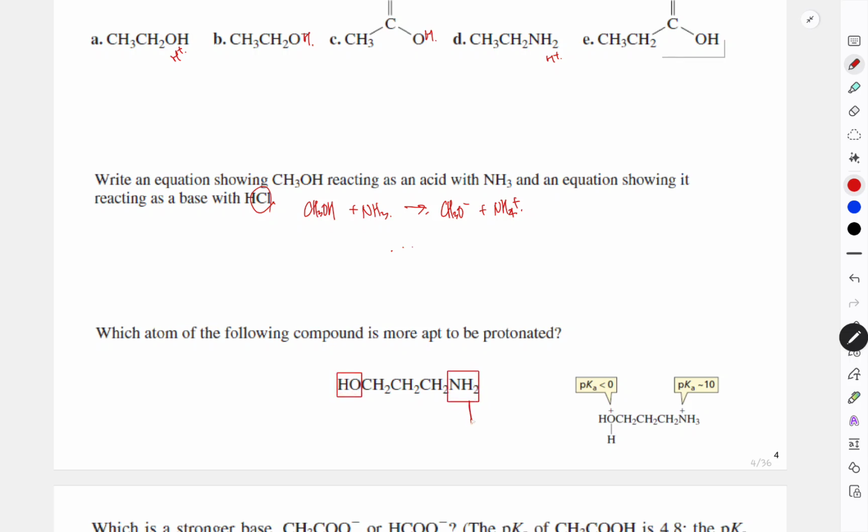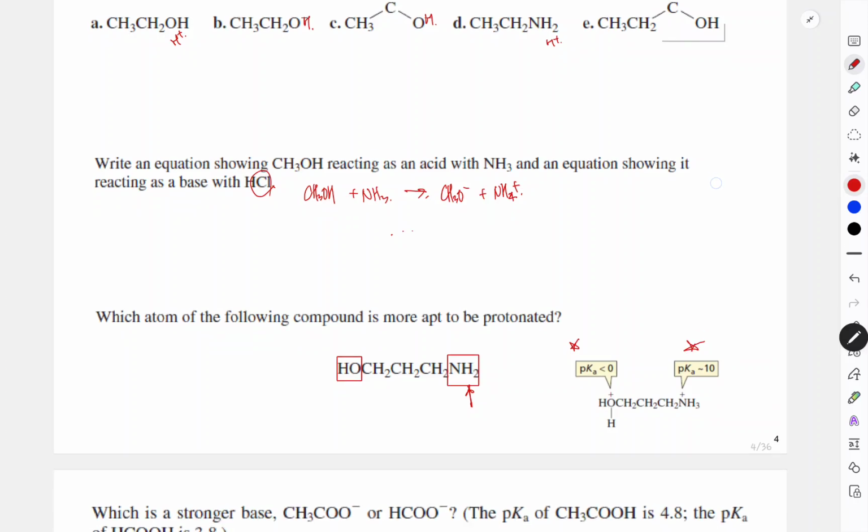So you probably know the answer, but with the pK values of the conjugate acid, you can more quantitatively address this question. So you can think about the conjugate acid form for the basic site. If you think about the conjugate acid for this alcoholic site, it should be the protonated alcohol.